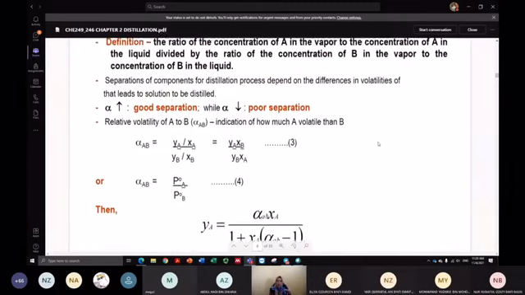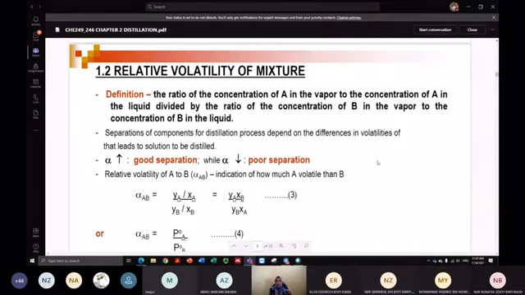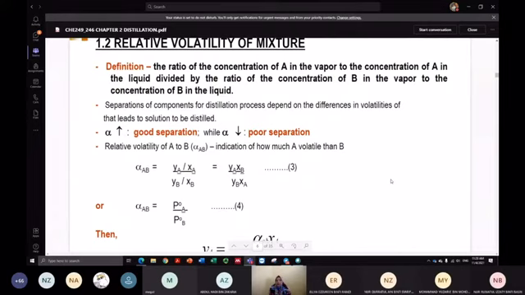Why do we need to find alpha, or relative volatility of a mixture? This relative volatility will represent whether you're going to have a good separation process or a poor separation process.